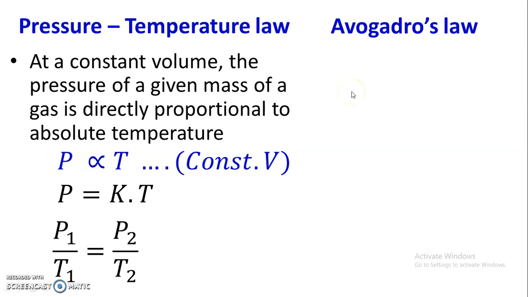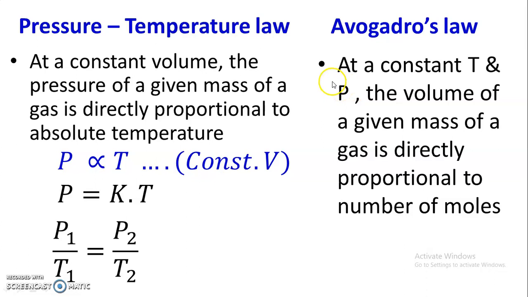Now the next law is Avogadro's law. According to this law, at a constant temperature and pressure, the volume of a given mass of a gas is directly proportional to the number of moles, and therefore volume is directly proportional to number of moles at a constant temperature and pressure.